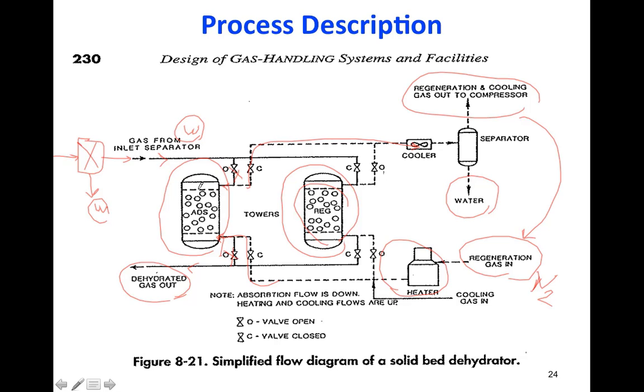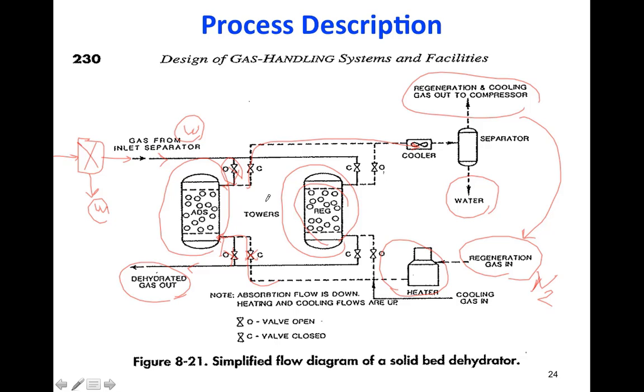We do this until all the water is removed and the solid particles are activated and ready to absorb water. Then we close this valve and open this valve, and we send our natural gas again to be dehydrated.